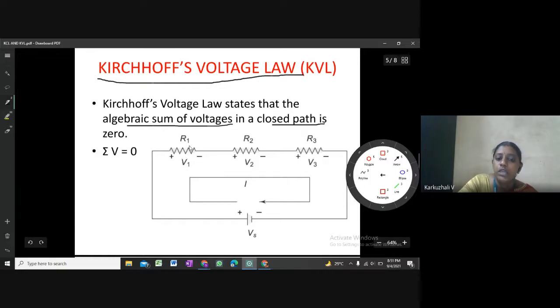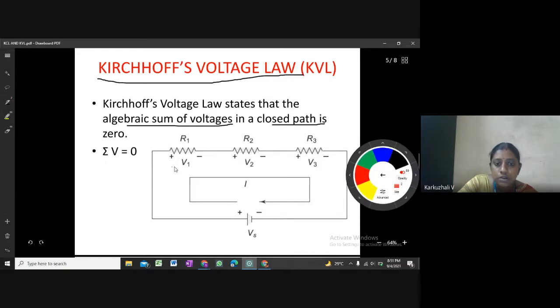So V is equal to IR, that is what is given by Ohm's law. So the voltage across the resistor is V1. We always say voltage across because it is across these two ends.